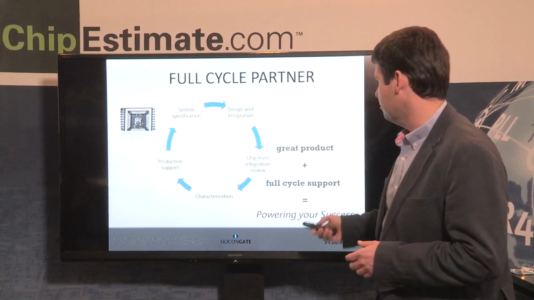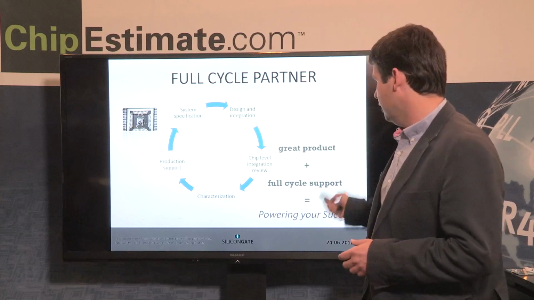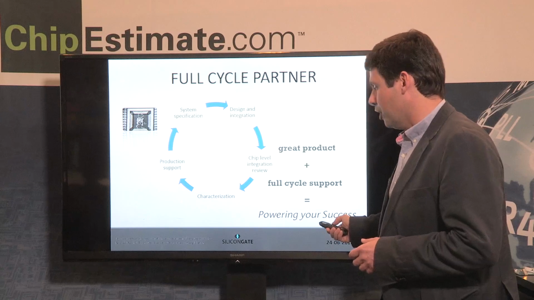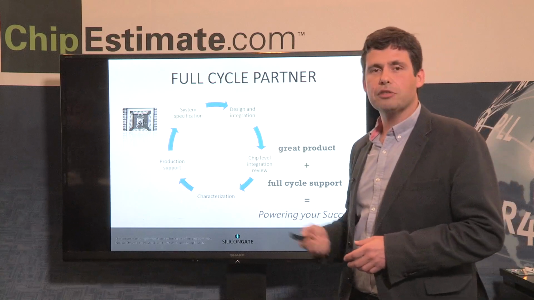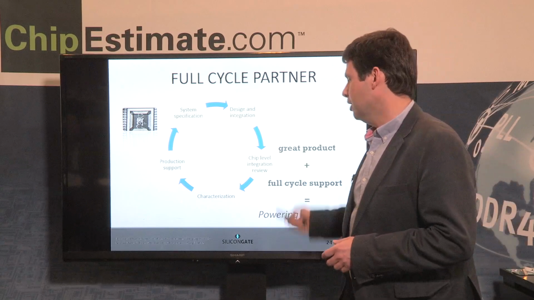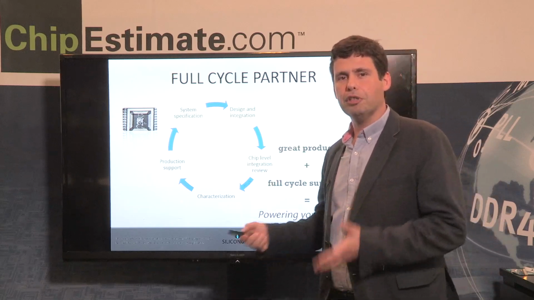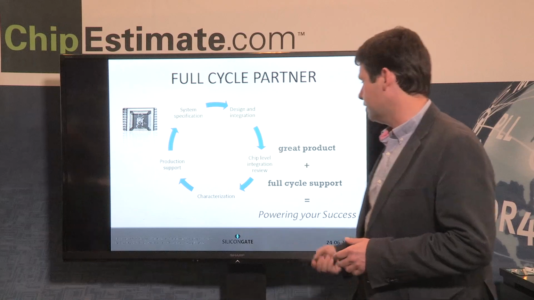And this is very important because if you have a great product and you have a full cycle support, then that for us is powering your success. And that's what we try to do with every customer, is to power your success so that you have a fully successful product in your hands and come back for the next project.